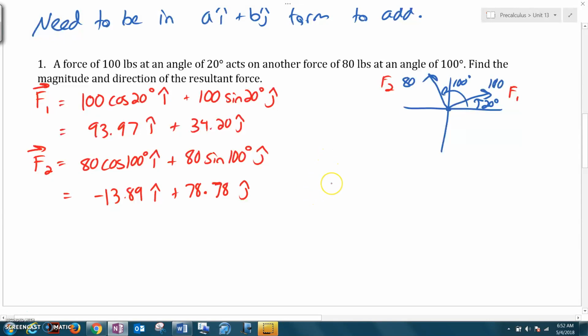So I'm going to call the resultant force RF. The resultant force then is just adding these 2 together. 93.97 minus 13.89, that's all in the I direction, plus these 2 in the J direction.